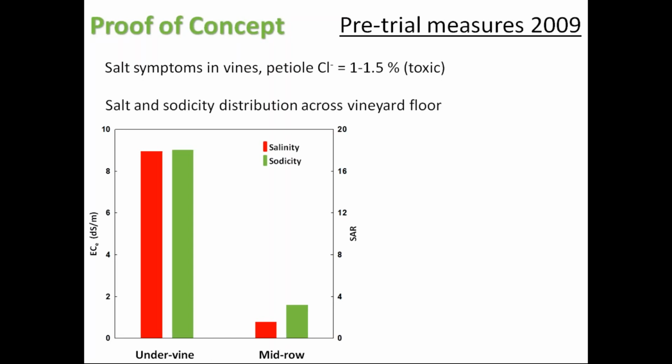We also took soil samples following the irrigation season towards the end of the 2009 vintage, and we found particularly high average salinity under the vine, over 8 decisiemens, but very low in the mid-row, and also in terms of sodicity, quite high SARs under vine as compared to the mid-row.